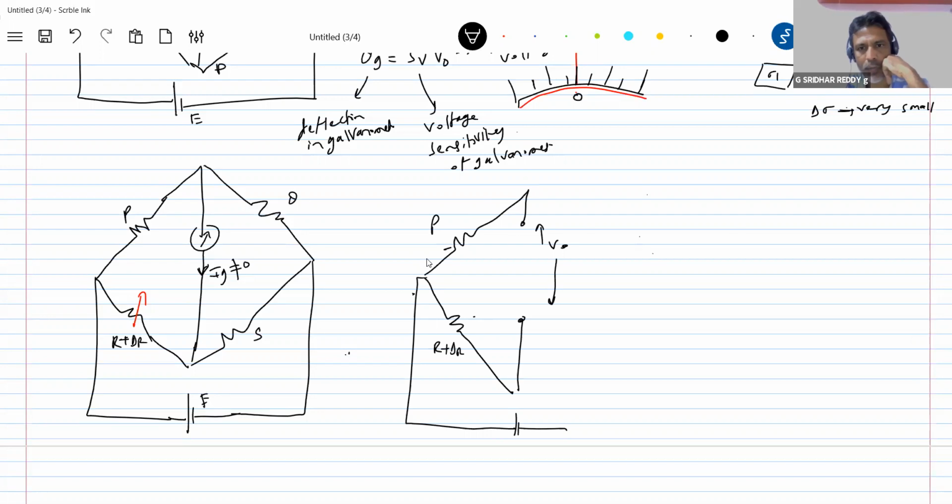There is a galvanometer. So that's the reason why we prefer a galvanometer of high resistance, P by Q, and this is R.